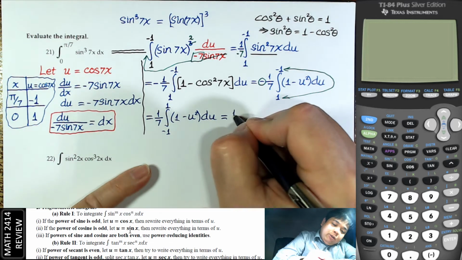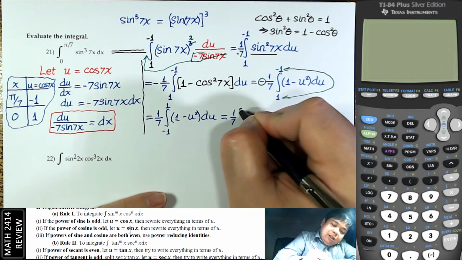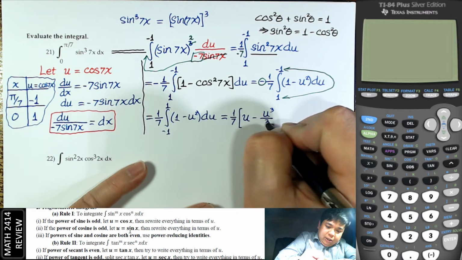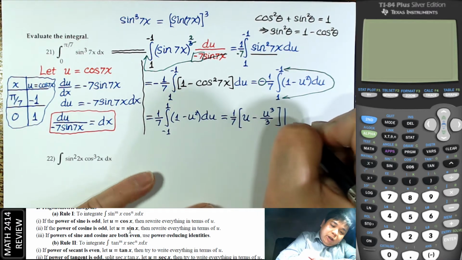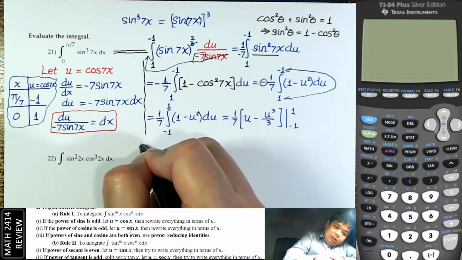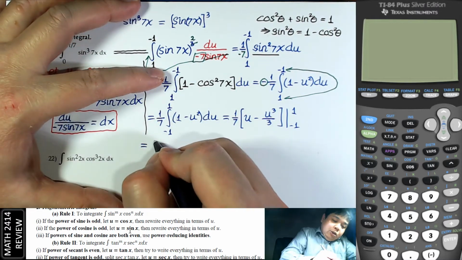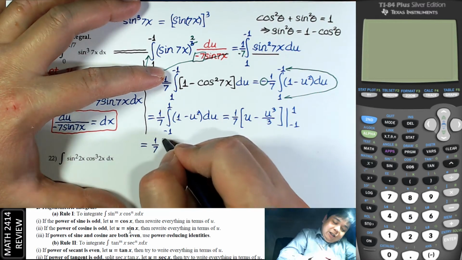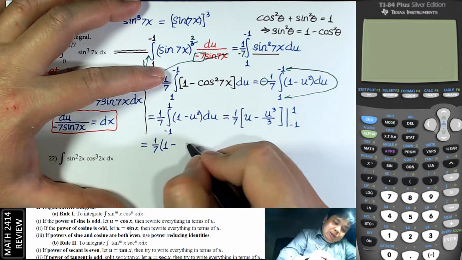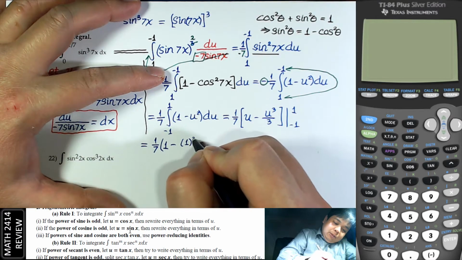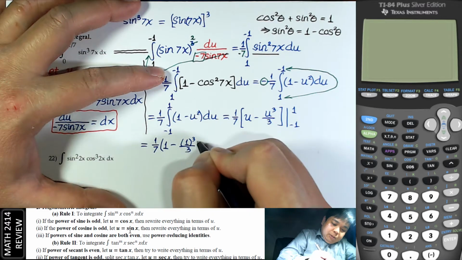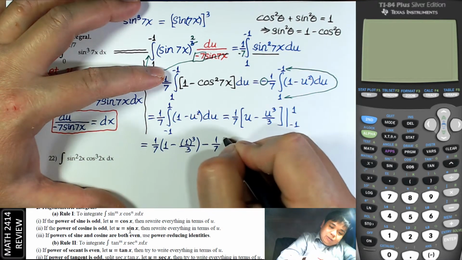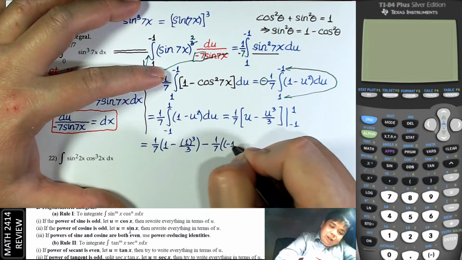Right, so we have 1/7. The integral of that is u minus u cubed over 3, going from negative 1 to 1. So 1/7, now put 1 in here. Minus 1/7, put negative 1 here.